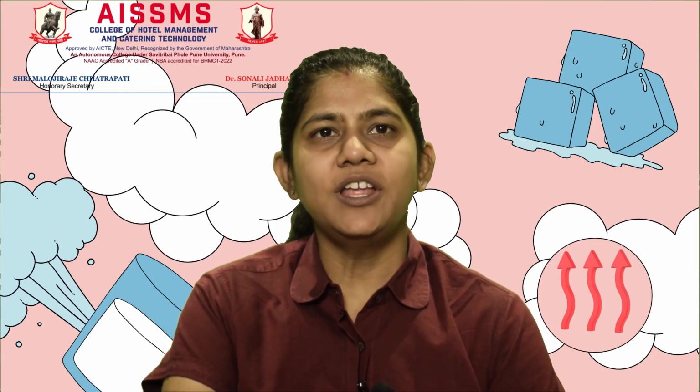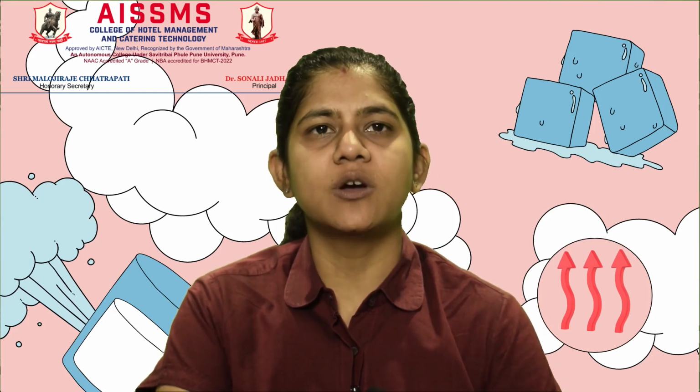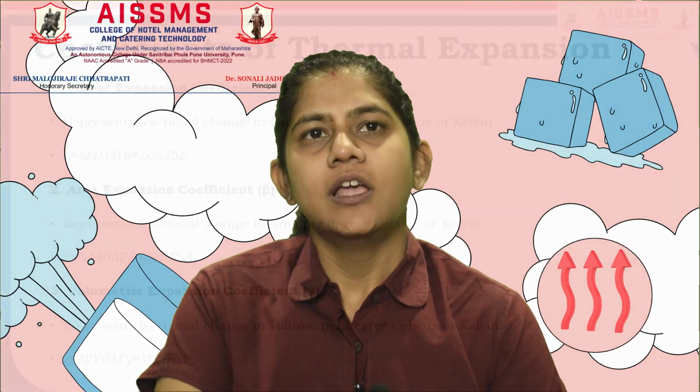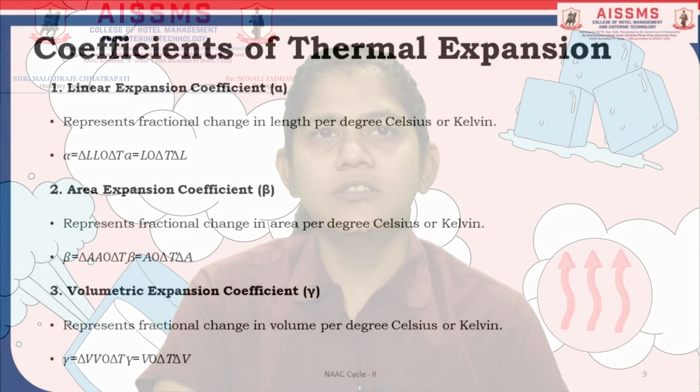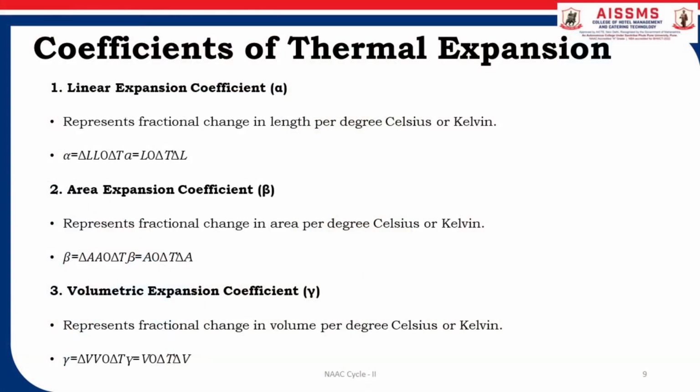There are three main types of coefficients for thermal expansion. First one is the linear expansion coefficient. This coefficient represents the fractional change in length per degree Celsius or Kelvin of temperature change.